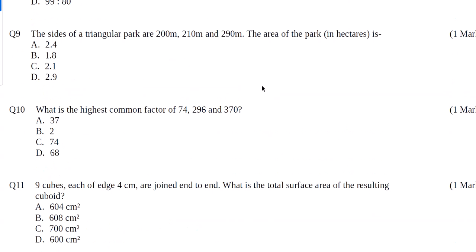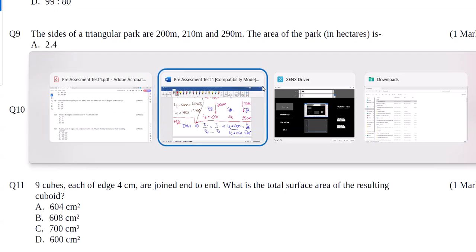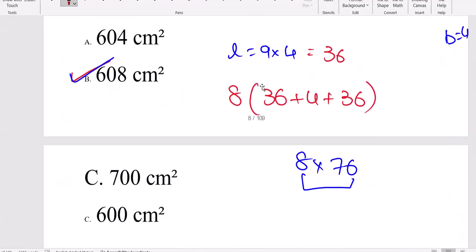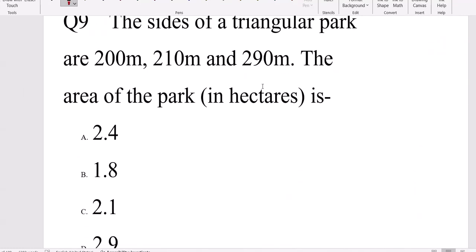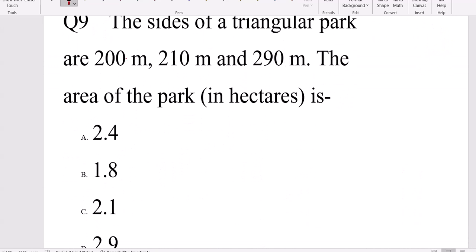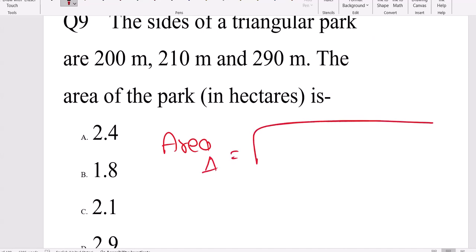The sides of a triangle are given. You need to calculate the area of the park in hectares. So the sides are 200, 210, 290. Area is in points. They're asking in hectares. For this, when all sides are given, I hope you recall your childhood formula related to the area of a triangle, which is square root of s into s minus a, s minus b, s minus c.